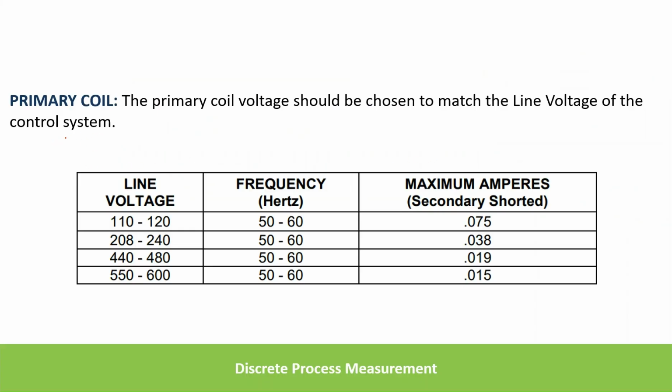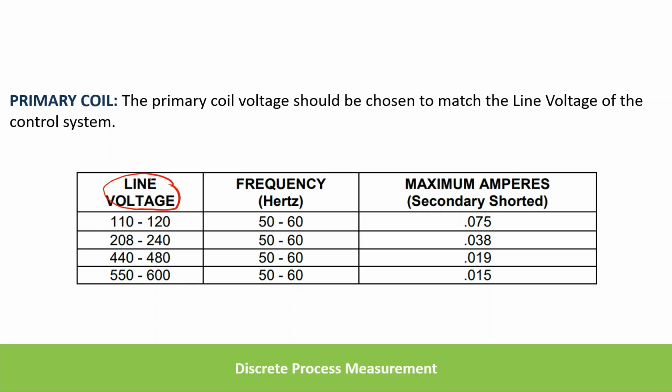If you see the specifications of this inductive relay, the primary voltage can be selected based upon your control system voltage. Whether it is 230 or 120, whatever voltage your control system like PLC or relay control system is using, the same voltage can be connected to this primary coil.